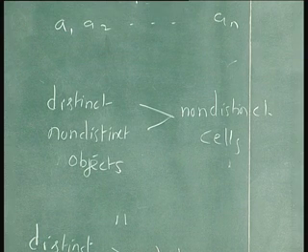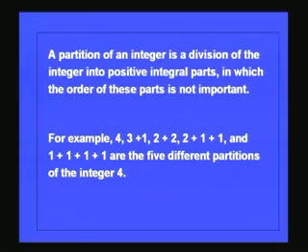What do you mean by partition of integers? A partition of an integer is a division of the integer into positive integral parts in which the order of these parts is not important. So, it is equivalent to having distribution of non-distinct objects into non-distinct cells.